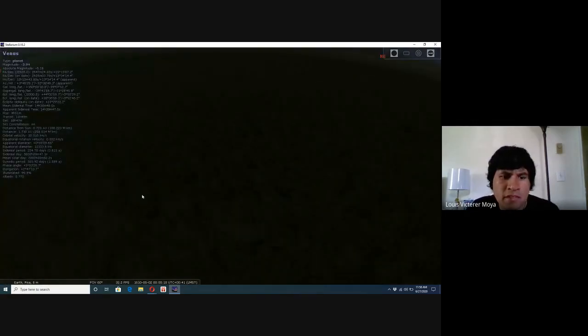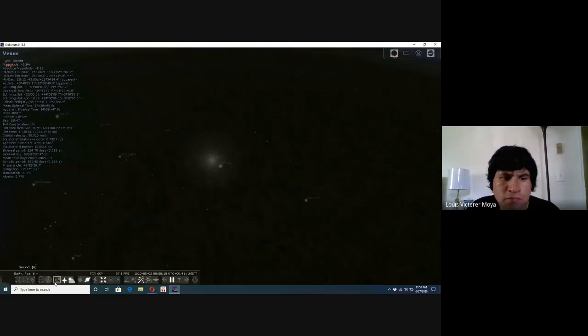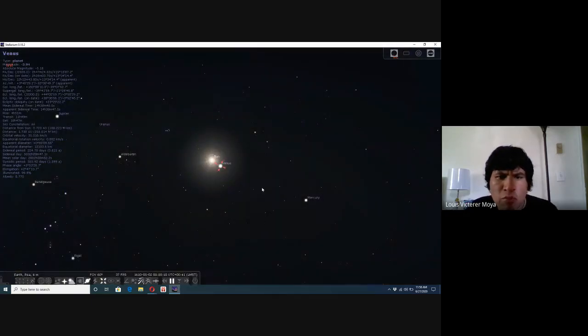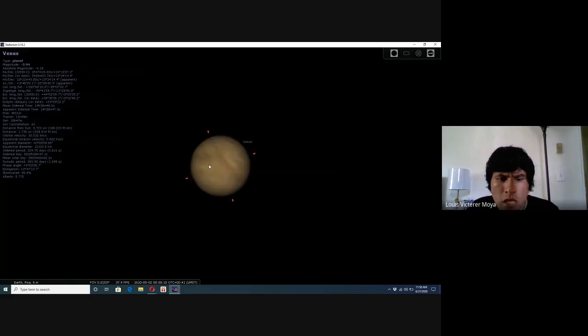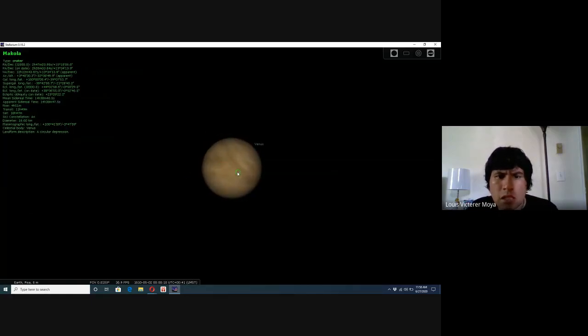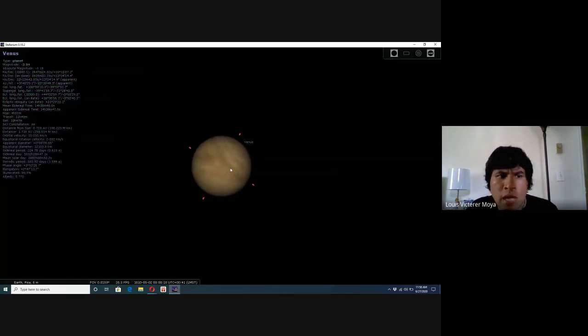If that happens, you can always remove the ground. You don't need to remove the atmosphere because you're going to zoom in. And you can observe that the illumination for Venus is almost 100%. It's basically a full Venus phase.